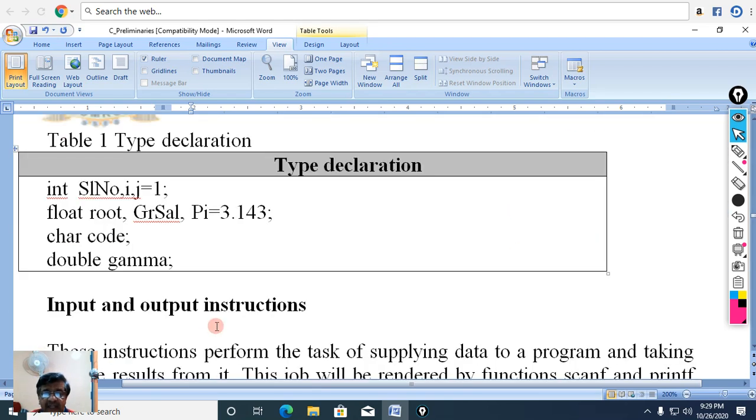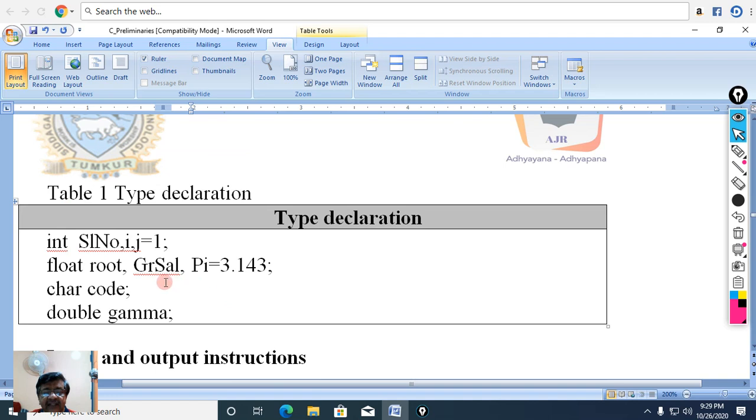Here is a set of examples that are given. Integer serial number i, j equal to 1. This is initialization. Declaration and initialization happen here only. By declaring the variables like this, only memory will be allocated, and the memory will contain some garbage value which has not been deleted, which might have been left by the programmer who worked in the previous session.